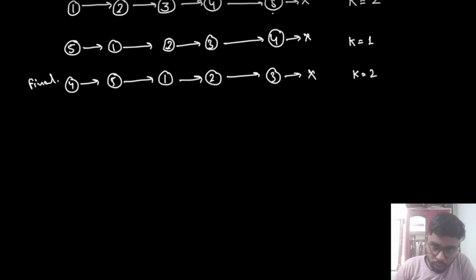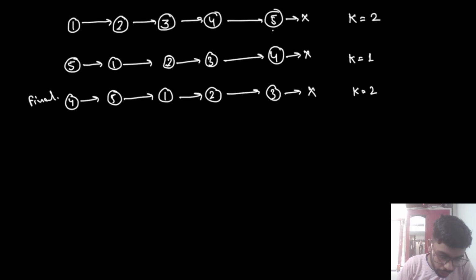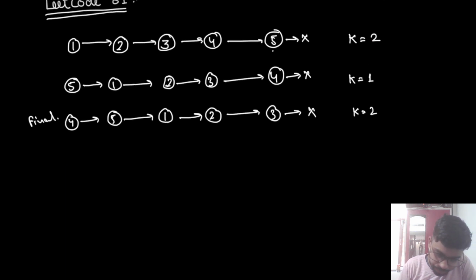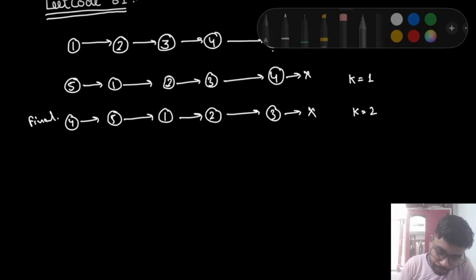The first approach that comes to my mind is that first of all, I can store the nodes in a vector, then rotate that vector by k places to the right, and then construct the linked list. So let's do that first.